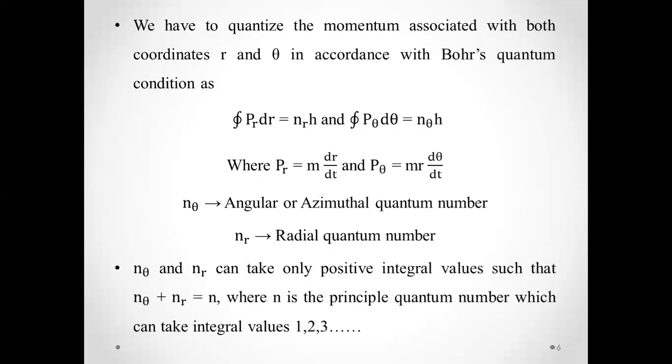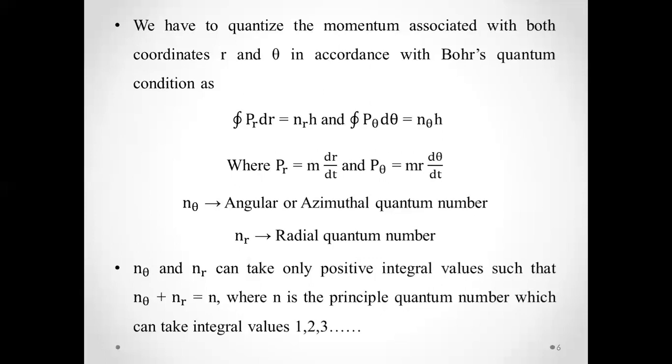of momentum, which is given by m into dr by dt, and the transverse component p theta, that is the angular momentum, is equal to m into r into d theta by dt, using the idea of motion of a particle in two dimensions.